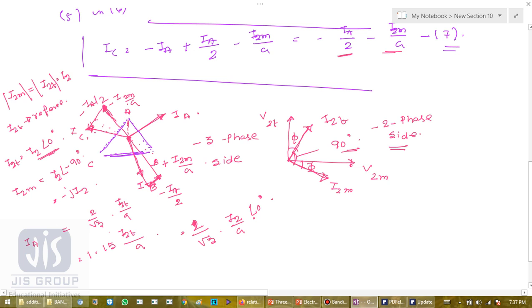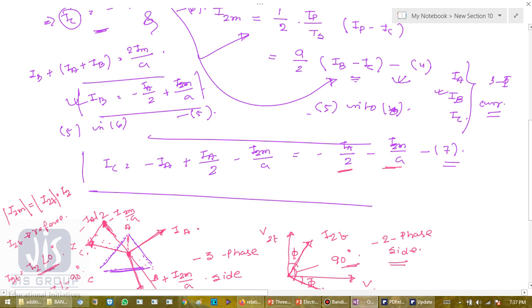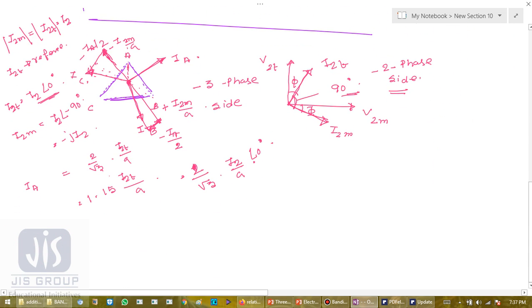Similarly we will get the value of IB from equation number 5, and we will get the value of IC from equation number 7.